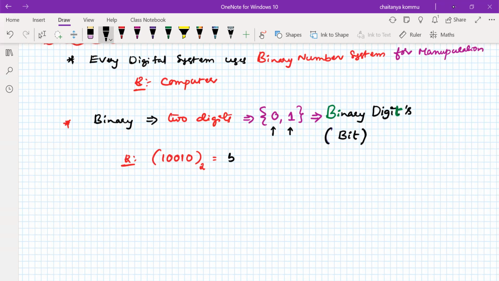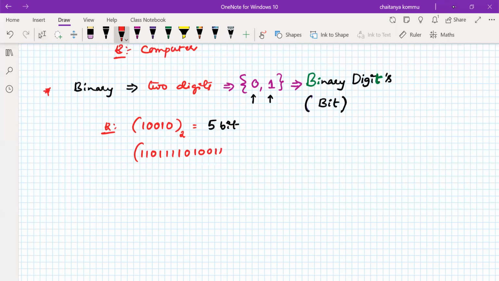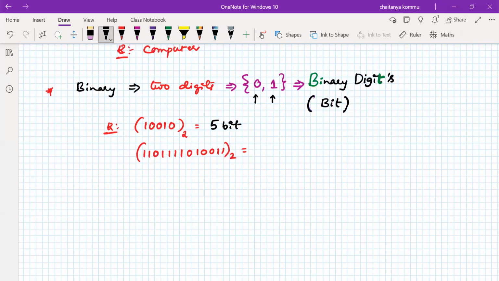So 5 bits are there in the given number. For example, 1 1 0 1 1 1 1 0 1 0 1 1 1. How many bits are there in this number? 1 2 3 4 5 6 7 8 9 10 11 12 13. So 13 bits are there in this particular number.